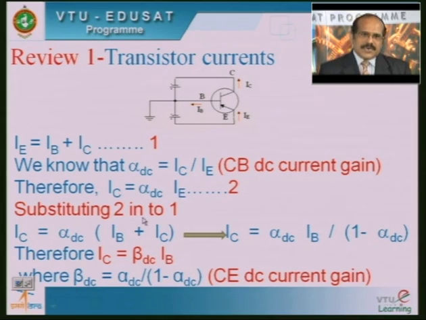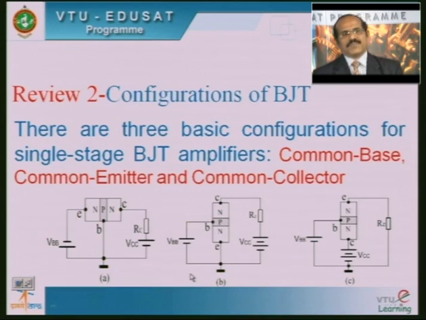So, friends, we have derived the relation between beta DC and alpha DC, and also we discussed the configurations of bipolar junction transistors. As I told you, two port networks have two input ports and two output ports. In order to use the BJT in a two port network, we need to have one common terminal, because BJT has 3 terminals.